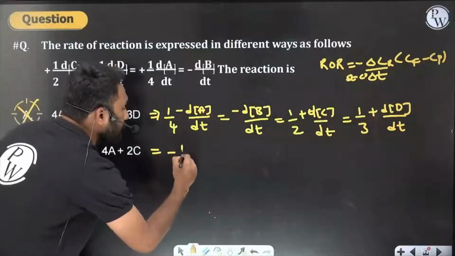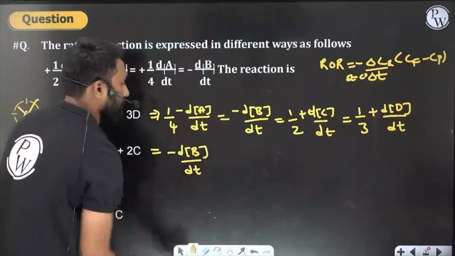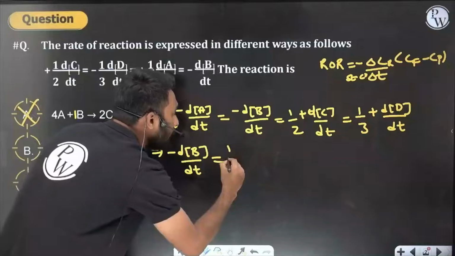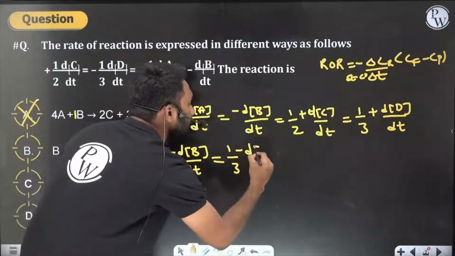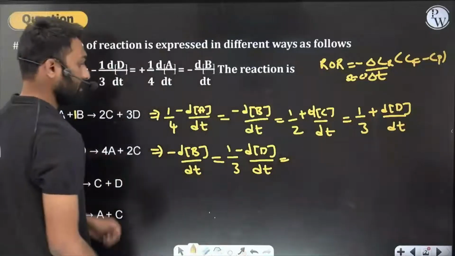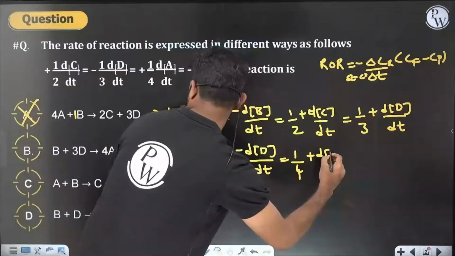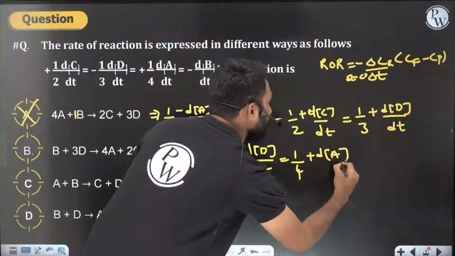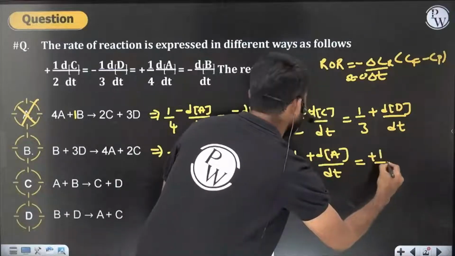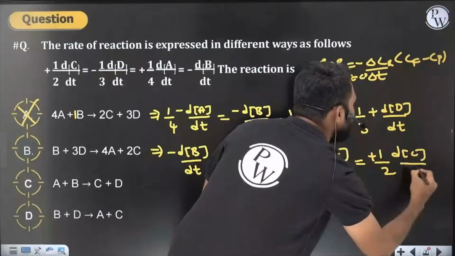Minus d concentration of B by dt is equal to 1 by 3 minus d concentration of D by dt, is equal to 1 by 4 plus d concentration of A by dt, is equal to plus 1 by 2 d concentration of C by dt.